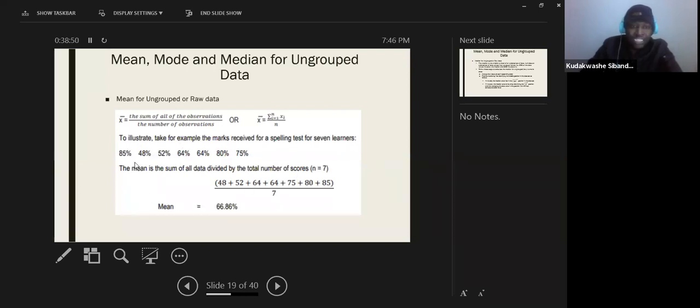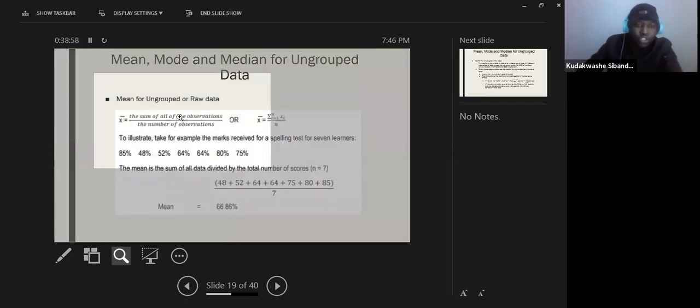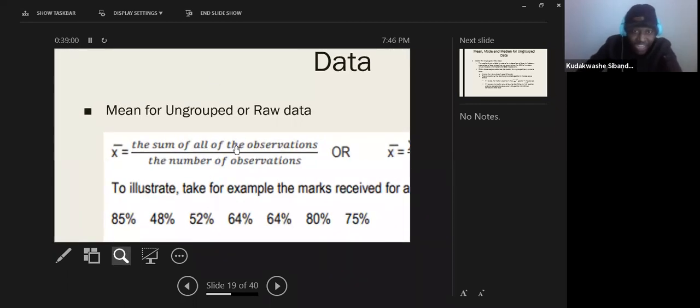You can see that the data here is being given as individual data points. So what you do now is you use this formula to calculate what is called the mean. In other words, you're calculating the average, where you are just saying the sum of all the observations over the number of observations.